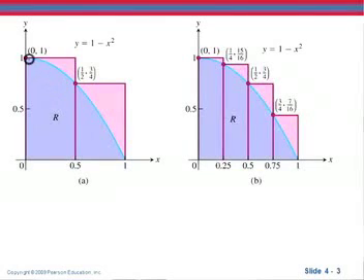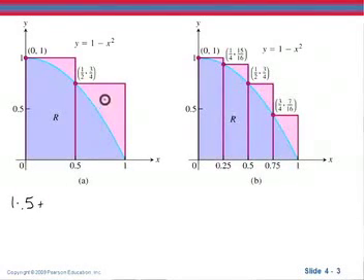Now if I want to find the area of these two rectangles, remember the area of a rectangle is just length times width. The area of this first rectangle is 0.5 by 1. This is 1 high, 0.5 wide, so length times width is 1 times 0.5.